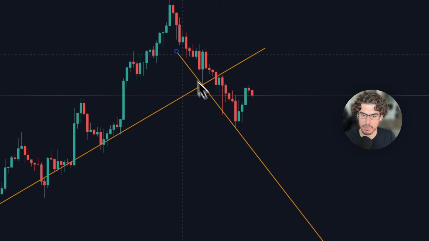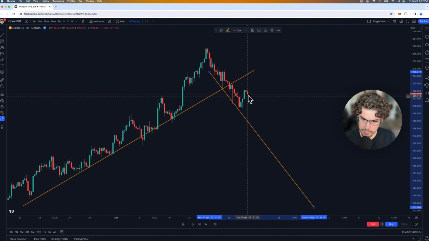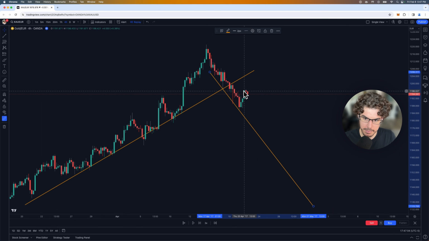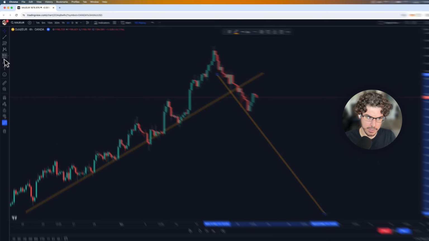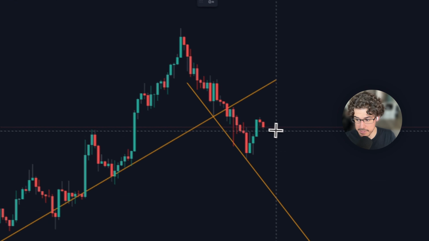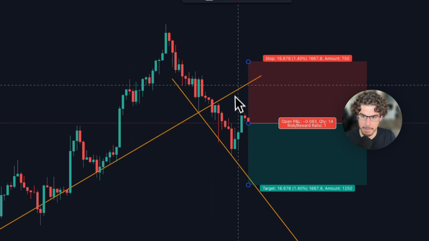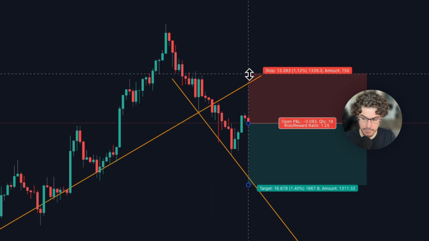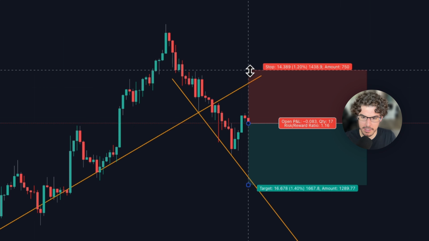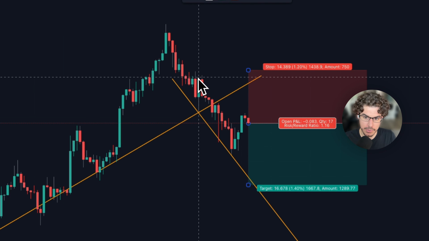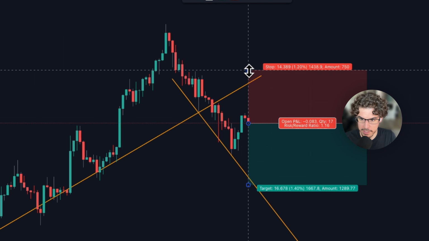Okay, so we see here that price started to move down again. It moved all the way up, but it respected this previous lower high. So what we can do is the opposite of the other trade, which is entering a short position. The stop loss, if we are in a downtrend, should respect this previous lower high, so we're going to put it at that level.